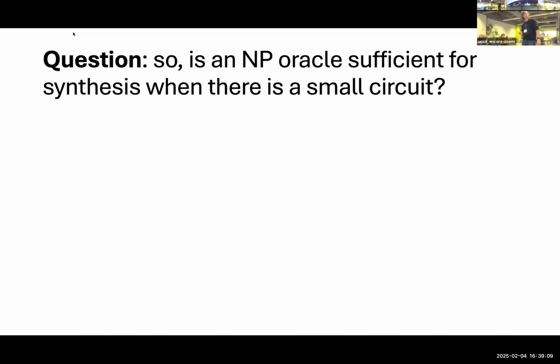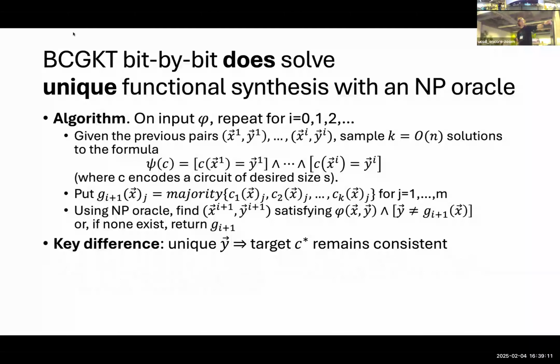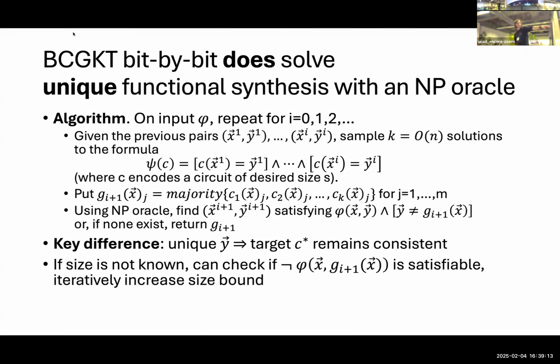Right, because what happens is that at the end, you check if you got a correct Skolem function or if there is a counterexample. In the case of factoring, where there was no small circuit that factored for me in the first place, you end up with garbage, and you might say, okay, fine, let me increase my size bound.